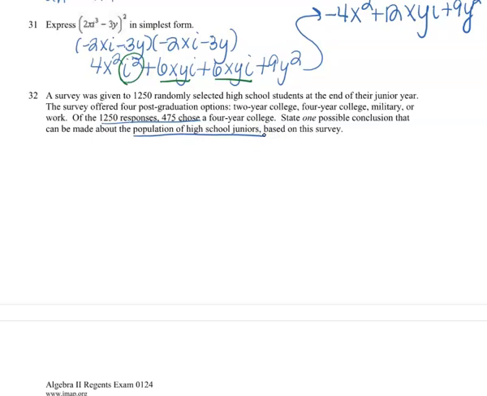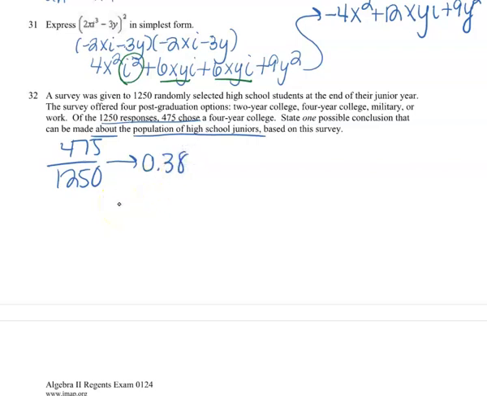So anytime you guys are doing surveys, you're trying to find information that you can apply then to a population. So according to my sample, of my 1,250, 475 said that they were going to a 4-year college, which works out to be 0.38 or 38%.